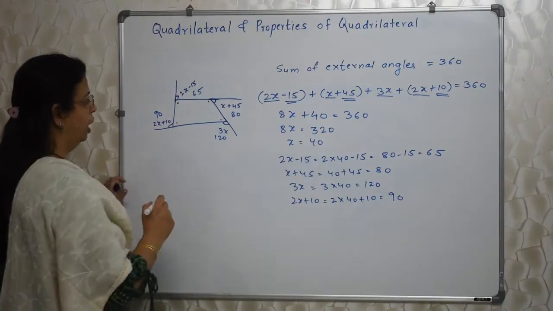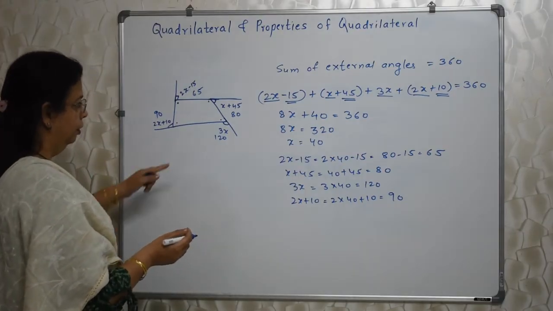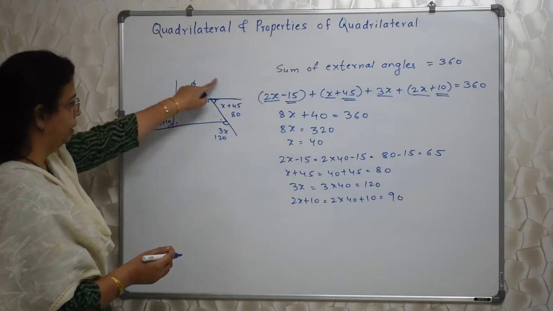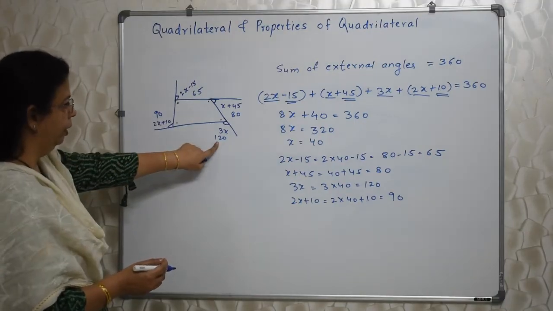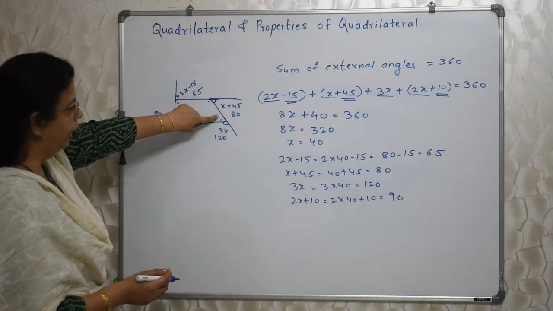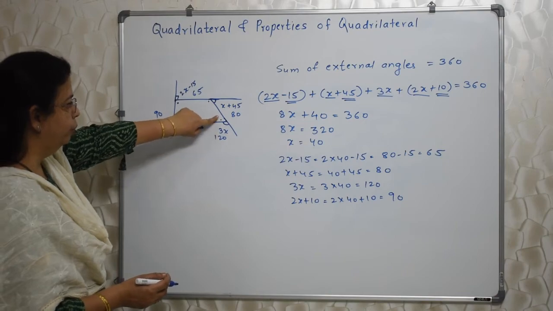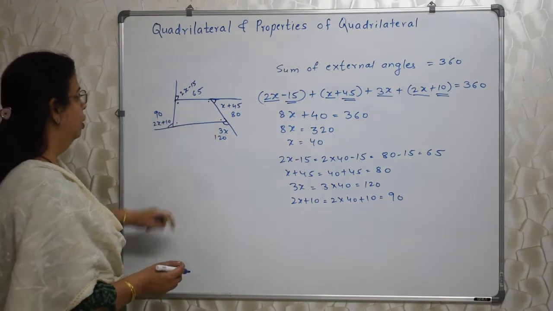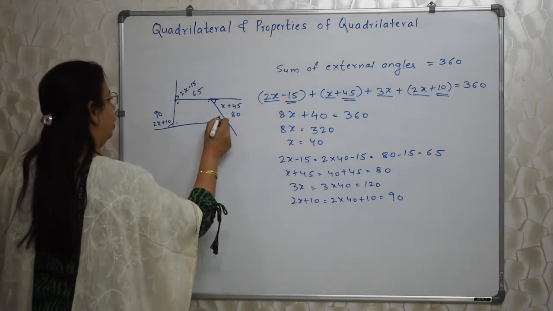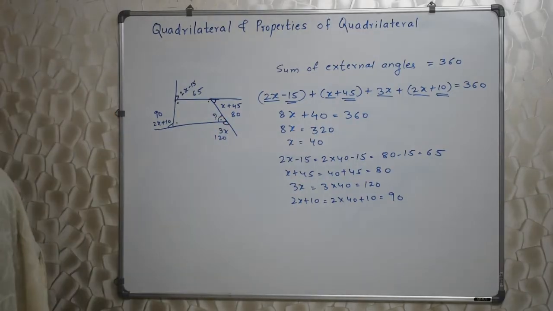I told you, whichever exterior angle is bigger, this is the biggest of all four, 120. Then the respective interior angle of the quadrilateral will be the smallest. If this is biggest, this is going to be smallest. Right? So we need to find out what is their final question. Students, keep an eye on the final question they have asked.